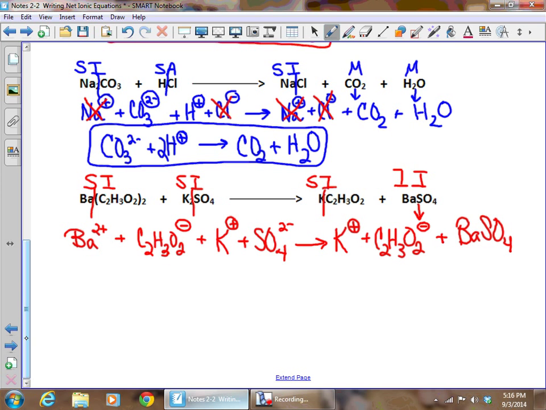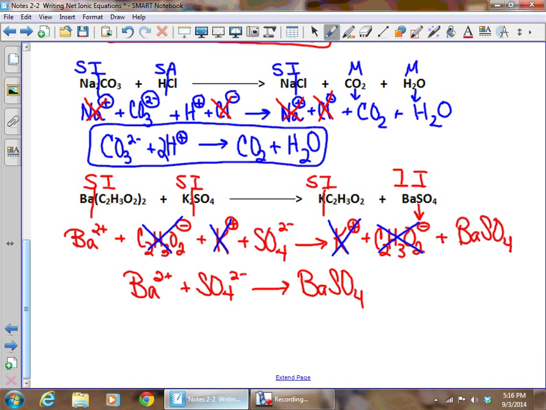Our spectator ions here are going to be the acetate, identical in formula and charge on both sides, and the potassium. So our final reaction is going to be that barium 2+ and the sulfate ion react together to form barium sulfate, and it looks like it's balanced as is.